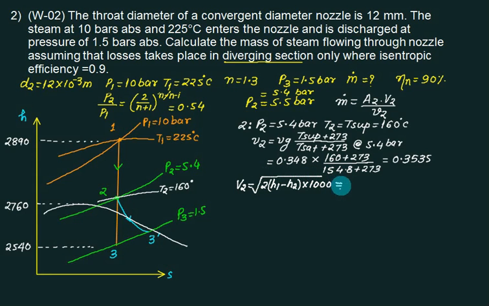Next is m dot. Put this value back and find m dot. Area is pi by 4, diameter is 12, velocity is 509, divided by specific volume 0.3535.